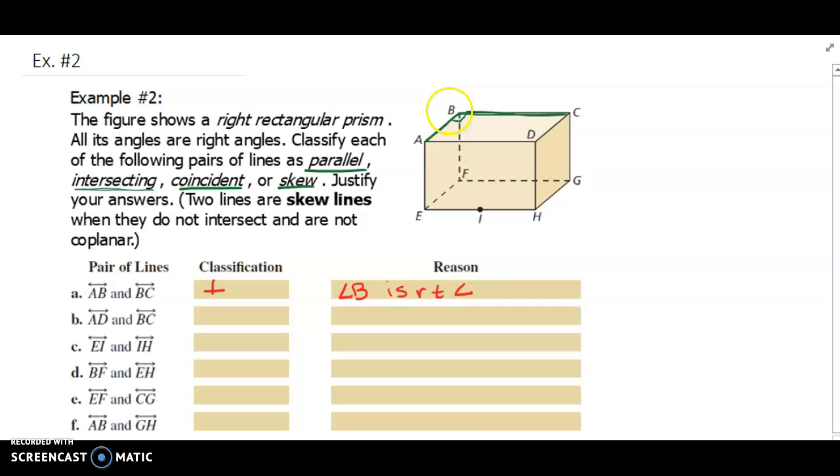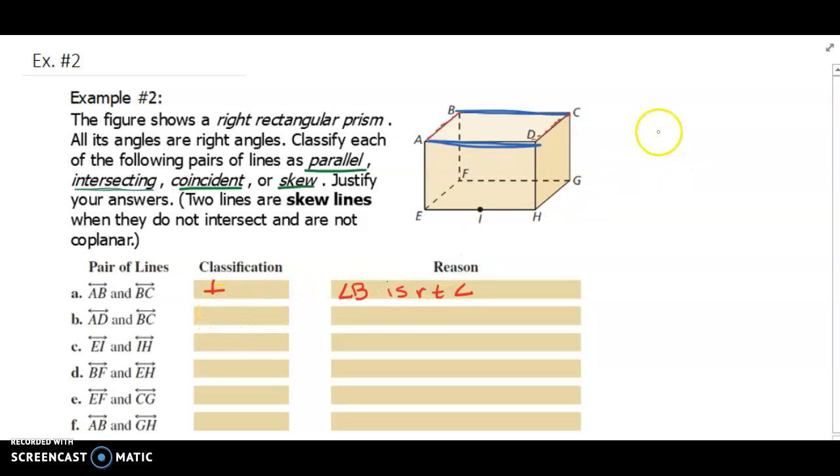All right, now, let me get rid of this. Now, AD, so line AD is right here, and line BC, which is right here, okay? Well, notice that both of these lines are on this plane right here, so like the top part of the box, if you will. So because they are coplanar, and they would never intersect, we would call these parallel lines.